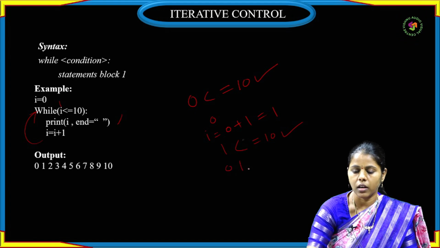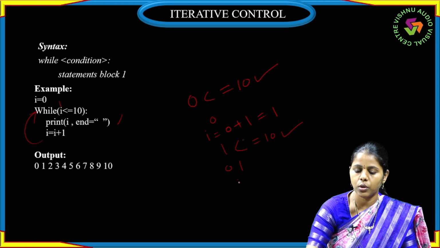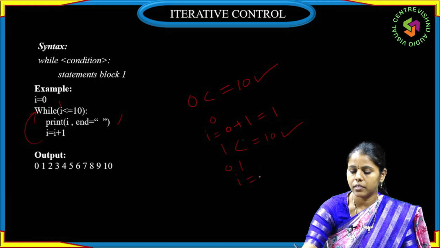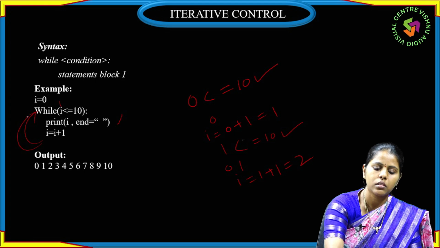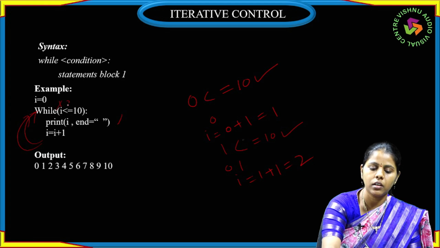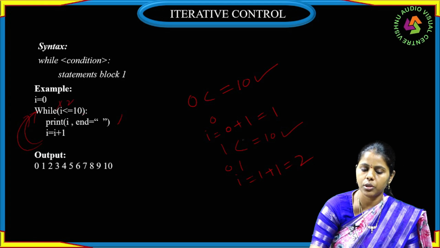So that is 0, 1. Next, what is the I value? Initially the I value is now 1, so 1 plus 1 is 2. Now it will go to the while loop again and check for 2. 2 is less than or equal to 10.